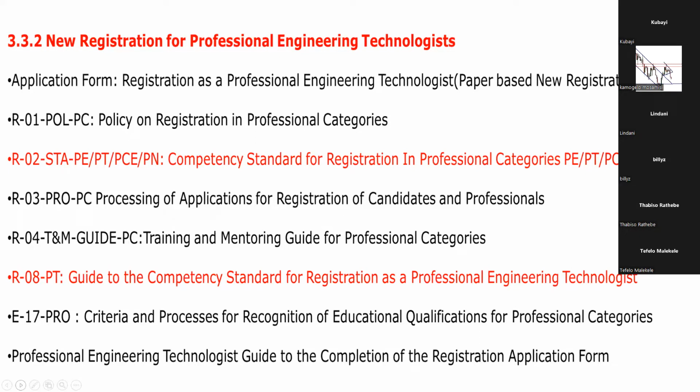E17 is the process for recognition of educational qualifications. That is if you don't have a South African accredited university qualification. Obviously, ECSA goes around and accredits all the universities and the universities of technology in South Africa, and all those qualifications are accredited, and you shouldn't have a problem.